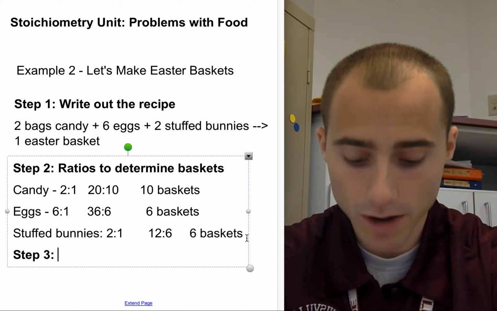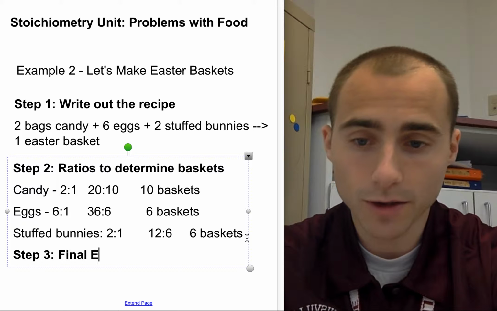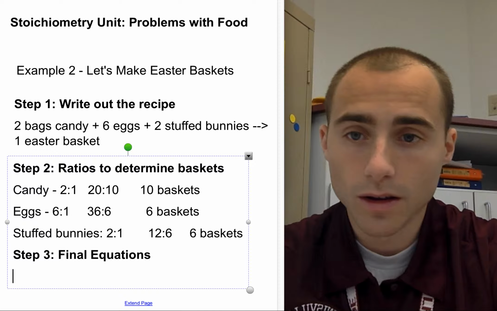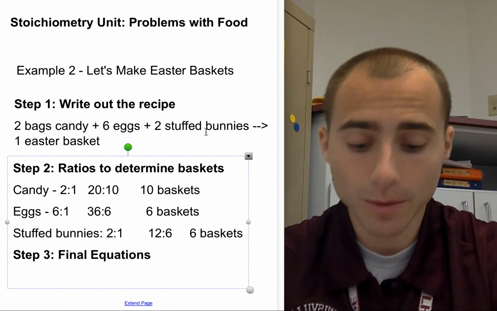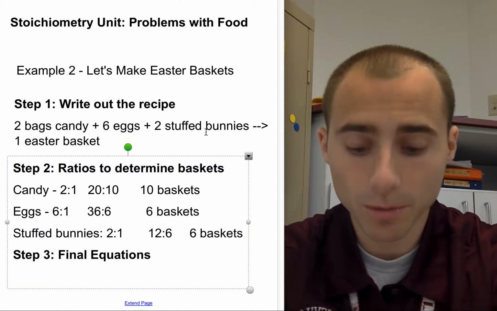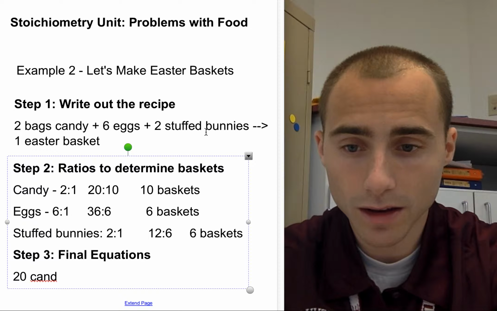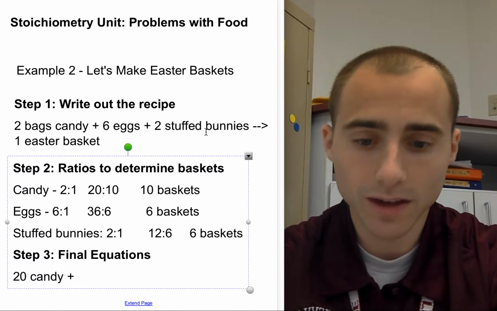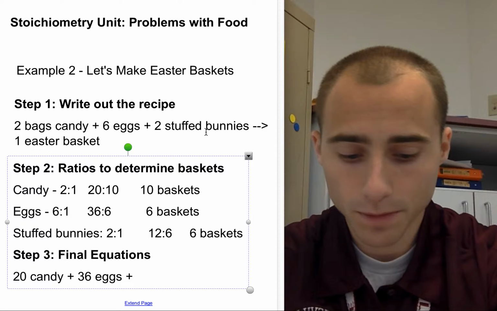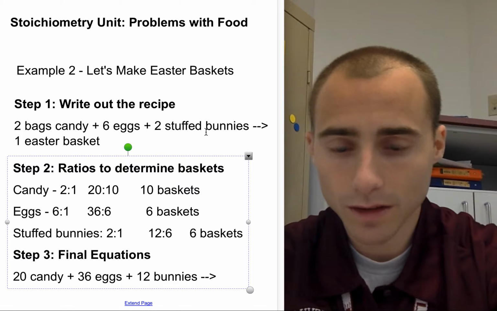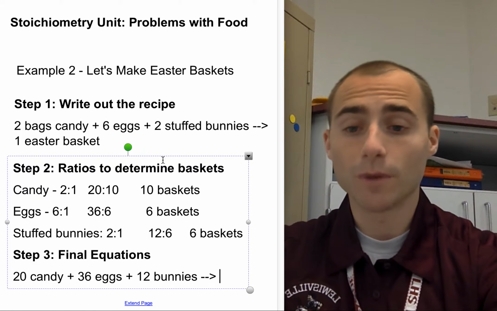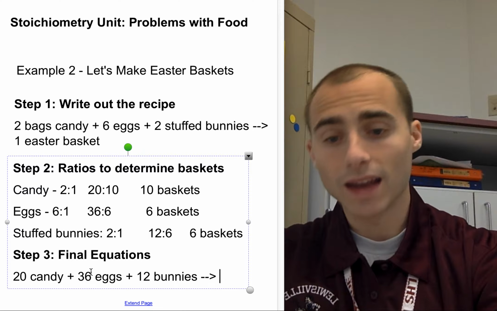We have to do step 3, final equation. Our final equation will be written the same way as this, but using the numbers we've actually been given. So if we look back at the problem, we've been given 20 bags of candy, 6 eggs, plus 12 bunnies. And that produces, how many baskets did we determine if we had this number of candy, eggs, and bunnies?